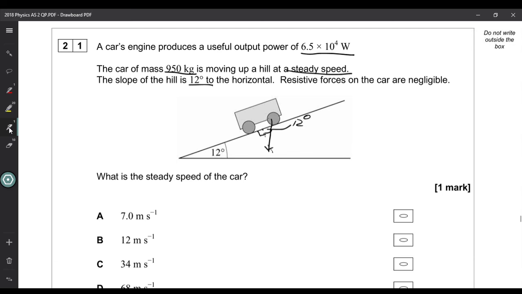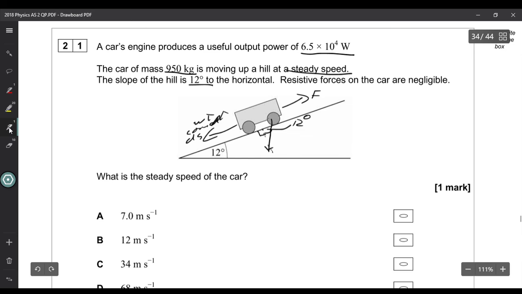We also know, because it's traveling at a steady speed, then the force is going to equal the component of the weight that's down the slope. Okay, so this is the weight with the component down the slope, and this is going to be our force. So there's no overall resultant force because we don't have any acceleration.